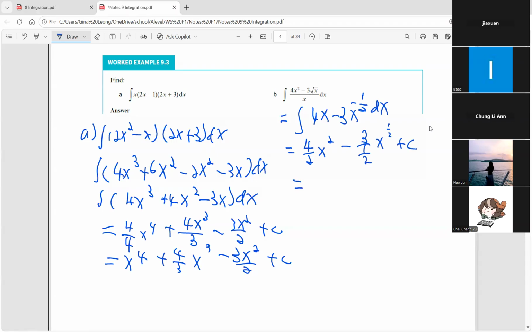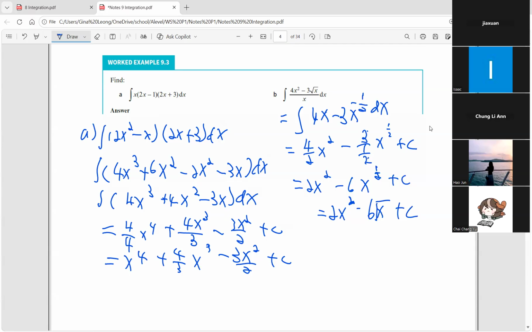Then I simplify here, I get 2x squared. This one, 2 multiply with 3, I get 6, then x to the half, plus c. So I can leave it like this way, or you can leave it like this way. Both can be accepted. So this part we're done.